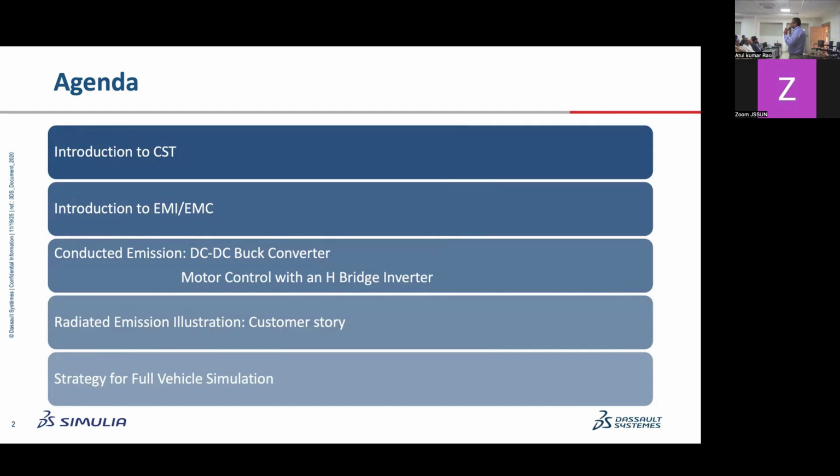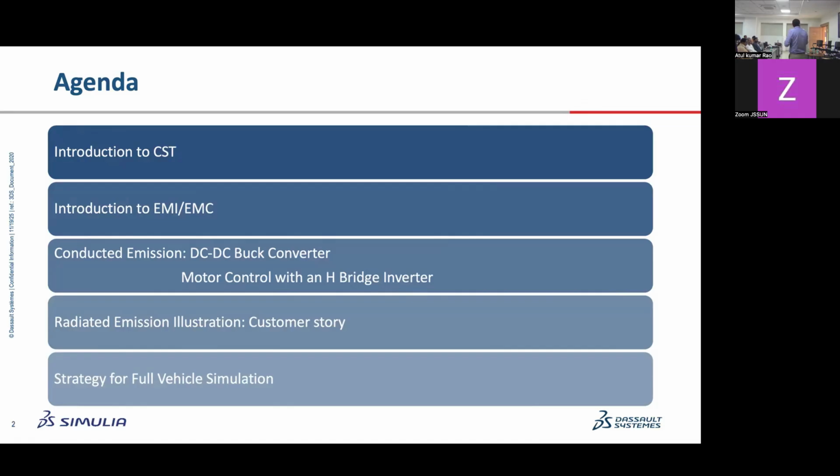Nobody? Great. That makes the canvas blank, so I'll be able to explain what it is. And then we'll look at a radiated emission illustration, which is a customer story from Bosch. We'll clearly see how real-life simulations can help in ensuring that you have a device that works.